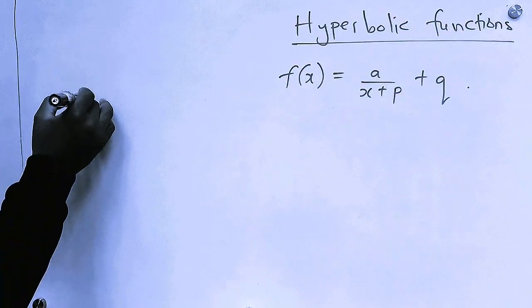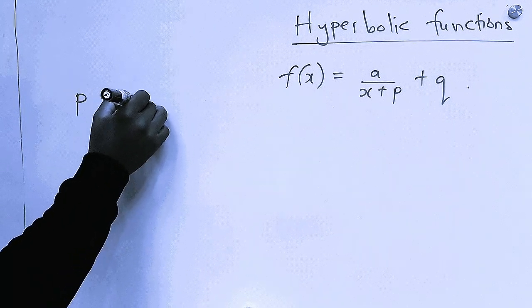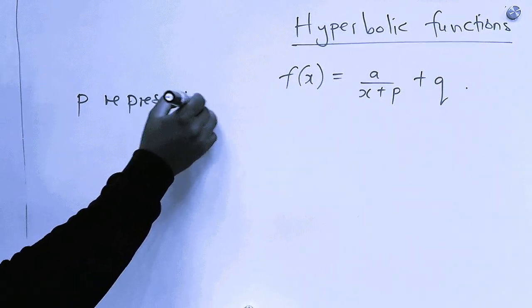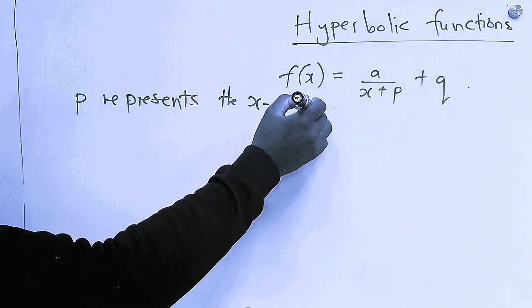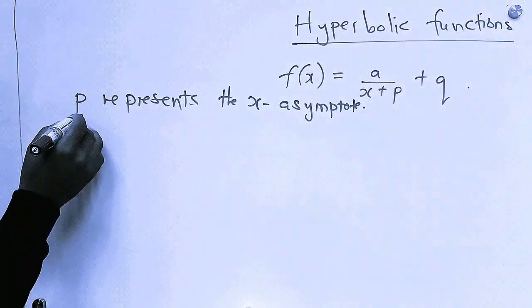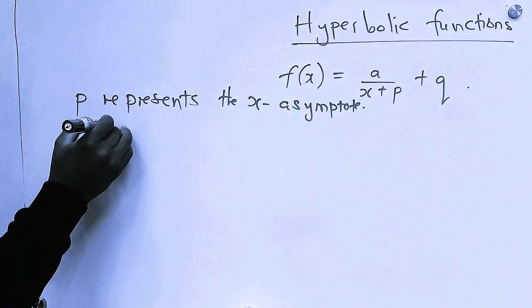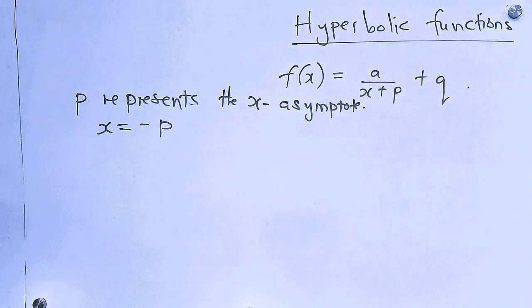Let's start with p. P represents the x asymptote, which is given in this form: x is equal to negative p. That would be our x asymptote.